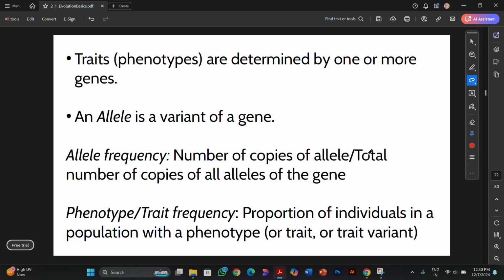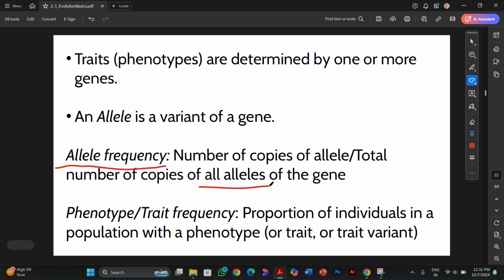Now traits, that are also phenotypes, are determined by one or more genes. An allele is a variant of a gene. These are just fundamental things. Then allele frequency, this is an important thing in evolution. The total number of copies of an allele, if we divide these, we get allele frequency.